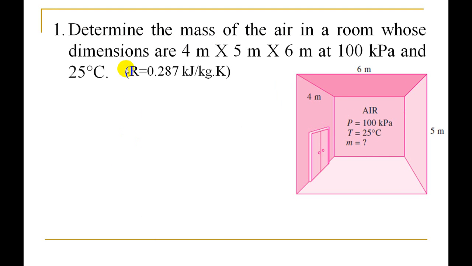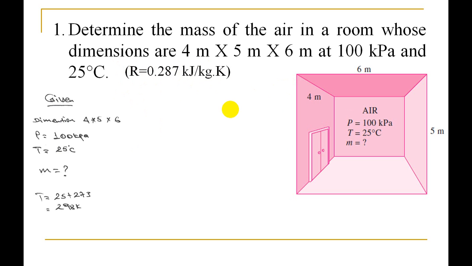And we have this gas constant for air, R is equal to 0.287 kilojoule per kilogram times Kelvin. It's given, or we can read it from any thermodynamics table. Now, this is our given dimension: 4, 5, 6, pressure 100 kilopascal, temperature 25 degrees centigrade, and we have to find the mass of the air in that room.